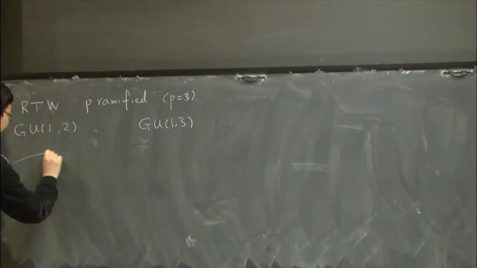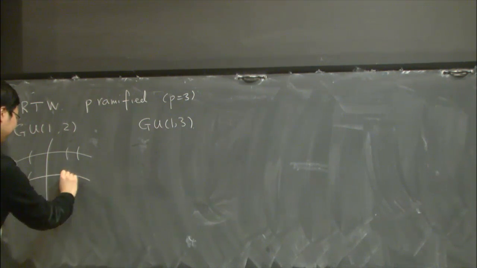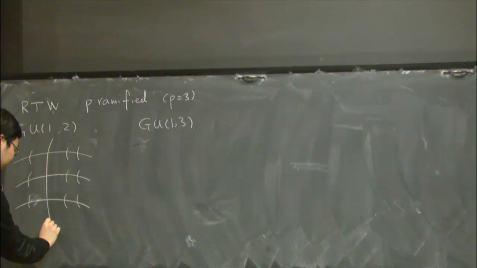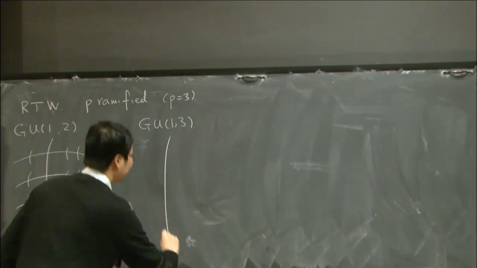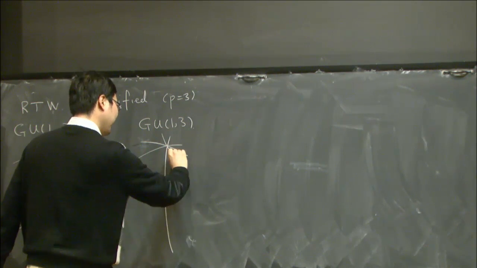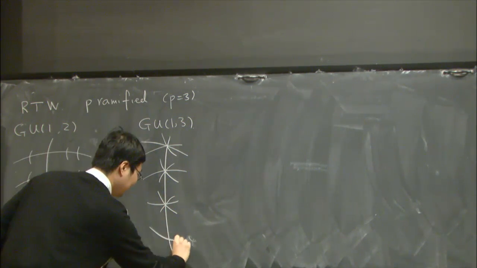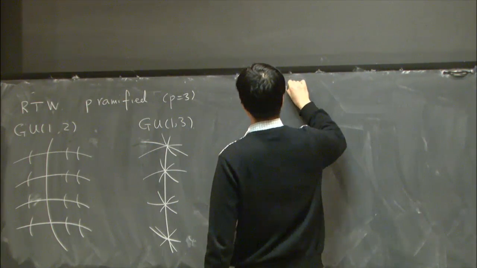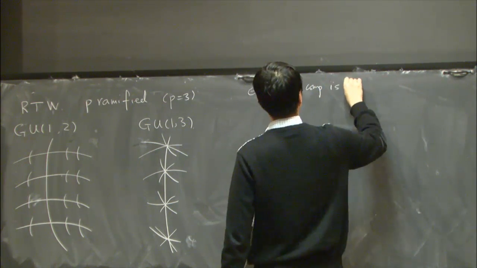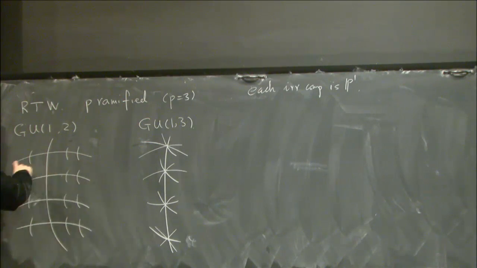Well, in the first case, and in this case, each irreducible component is the projective line P1. And each P1 has 4 special points.